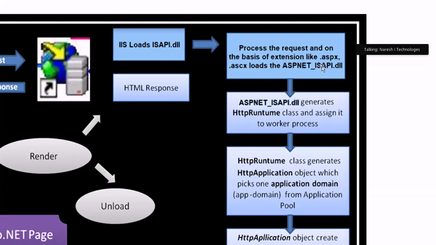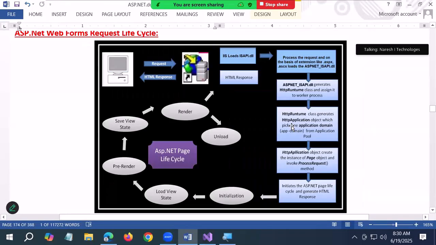Like this particular concept, I already taught you in detail. The request is taken, then you need a new class. The new class is loaded in memory. Once the class is loaded in memory, the page life cycle starts. This is the page life cycle, guys, and all this is before the life cycle. What is before the life cycle? Generating a class and loading the class into memory to start the life cycle.